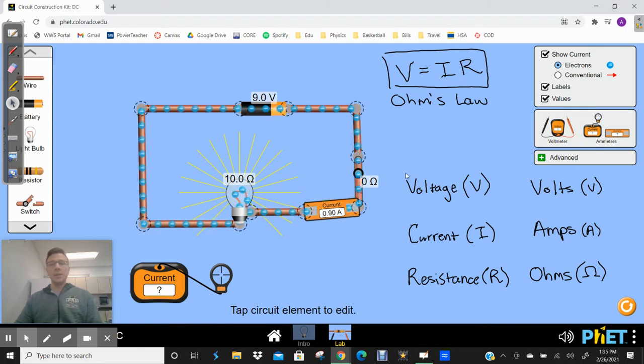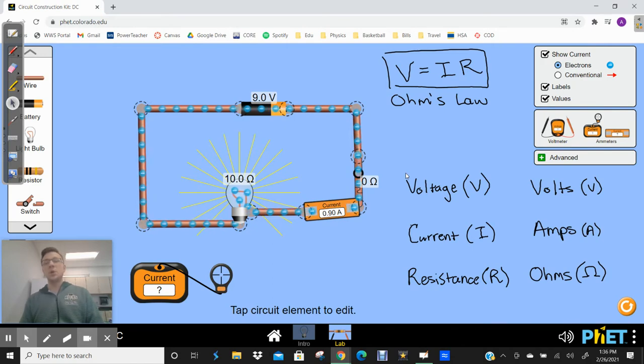So the voltage is the electric pressure that pushes the current, or the electrons, through the wire. If you have a low voltage, the electrons are going to trickle through the wire, and if you have a high voltage, high electric pressure, then it'll push them through quickly.